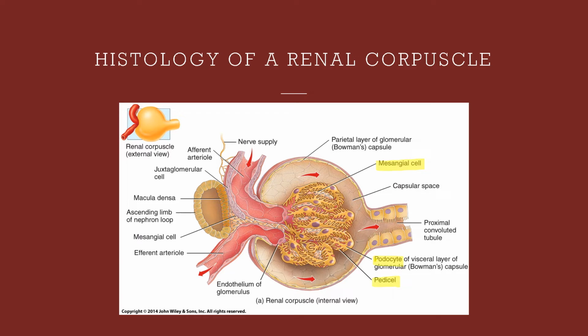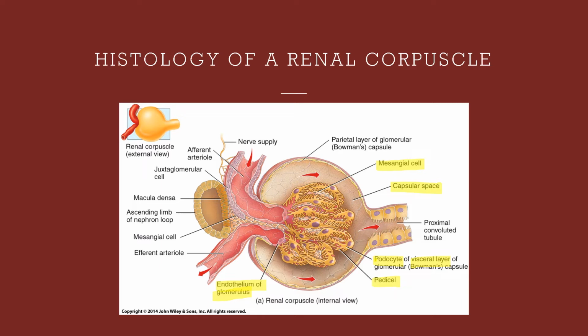And remember, these cells are going to be attached to the endothelial cells of the endothelium of the glomerulus. And these mesangial cells and podocytes make up the visceral layer of the Bowman's capsule. In this picture, we can also see the capsular space where that filtrate is going to be filtered into.